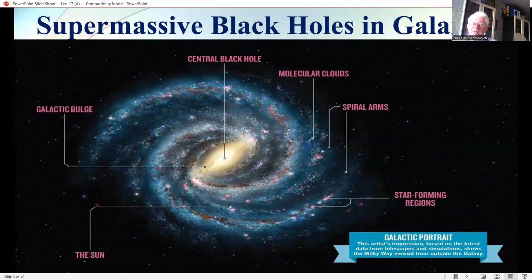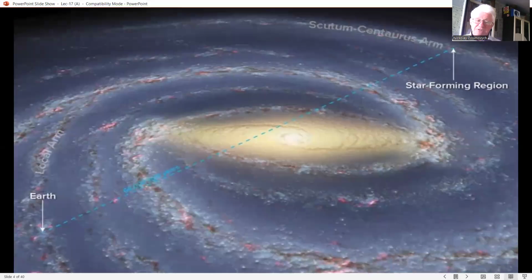Of course, matter has continued to drain into them, but they do not appear to have grown dramatically since they formed. A billion solar mass black hole sounds like it contains a lot of mass, but no, it is only about 1% of the mass of a galaxy.